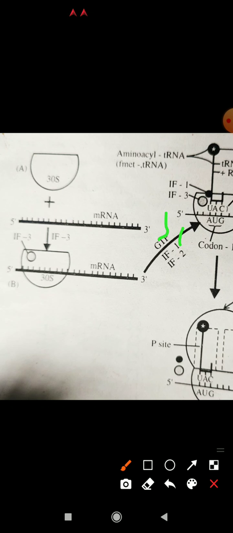Now the formation of amino acid methionine: the first amino acid in the polypeptide chain of protein is methionine, abbreviated as MET, M-E-T, MET.